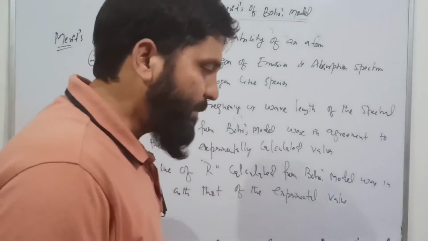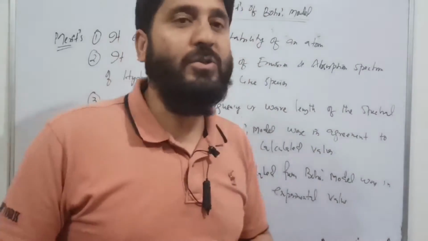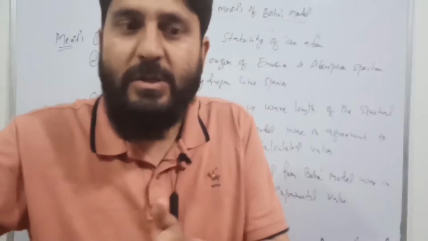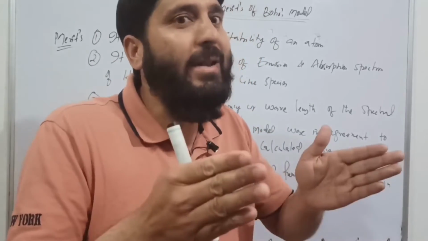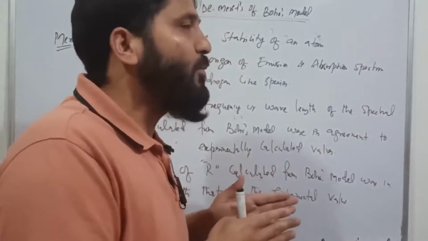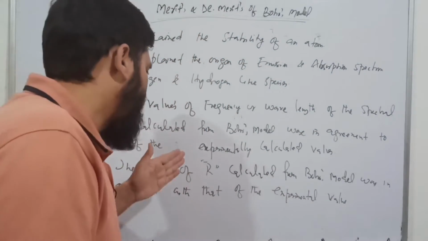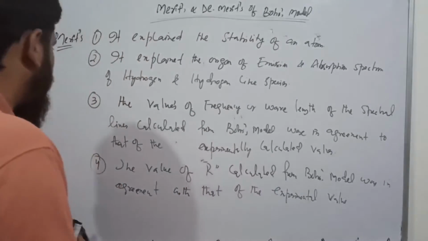So the value of the Rydberg's constant calculated from Bohr's model and from the experiments were again matching, in agreement. That means they were almost the same. Again proving that the calculations made for the Rydberg's constant as per Bohr's model were correct.